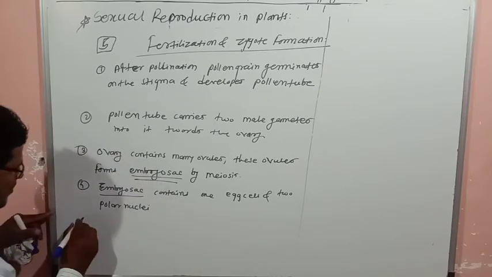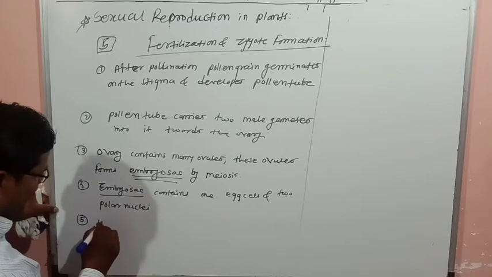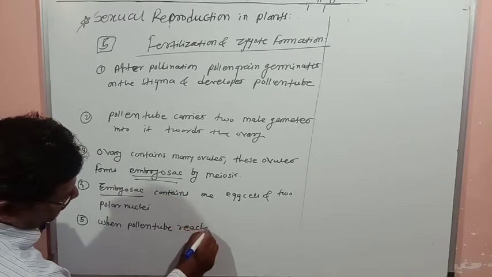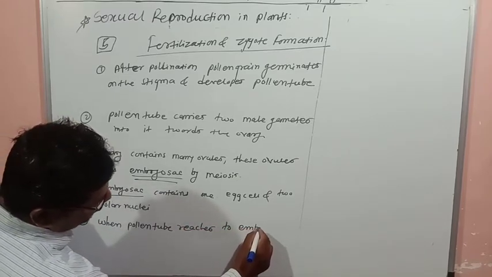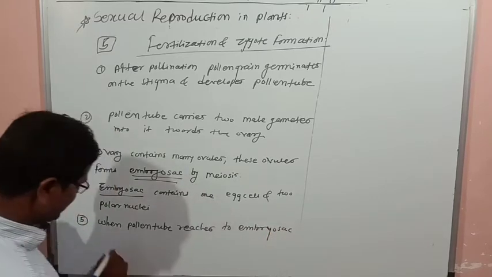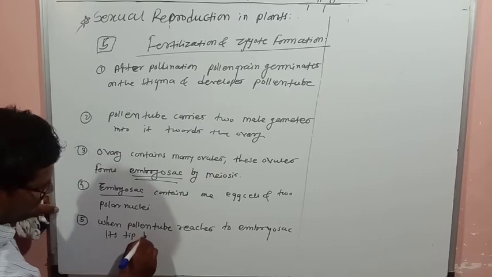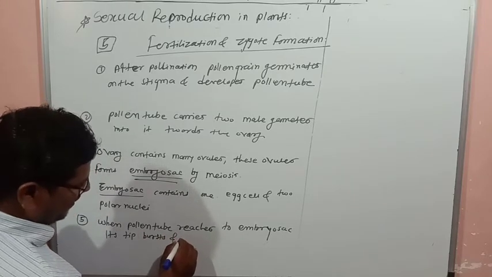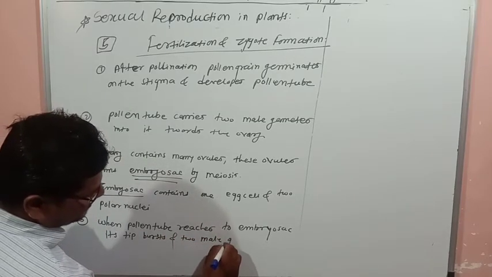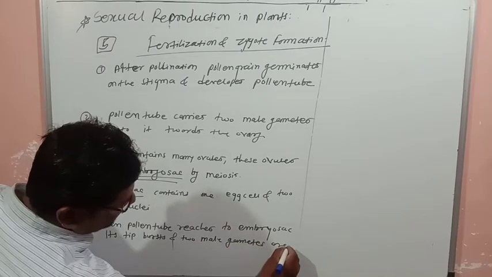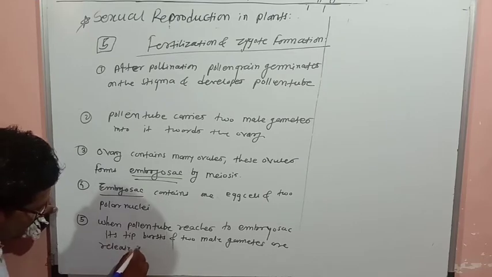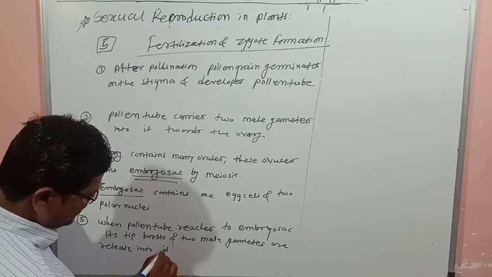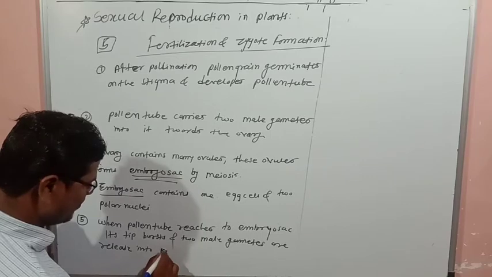The next point: when the pollen tube reaches the embryo sac, its tip bursts and two male gametes are released into the embryo sac.